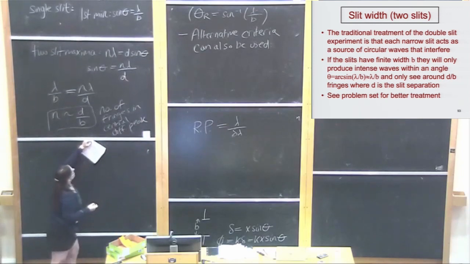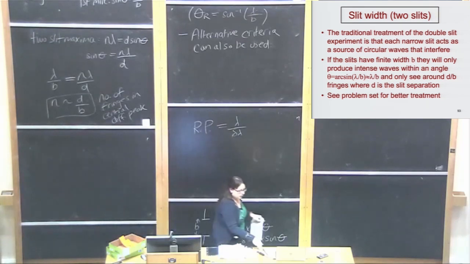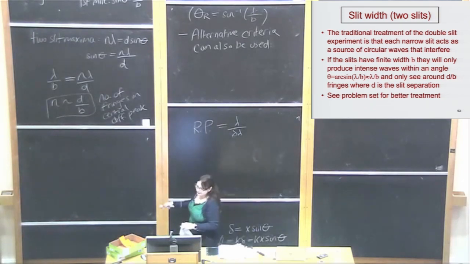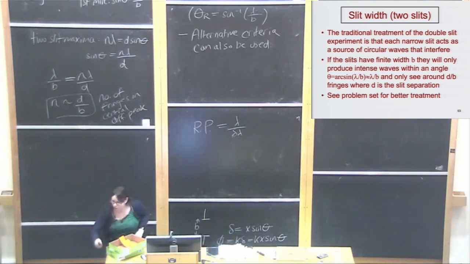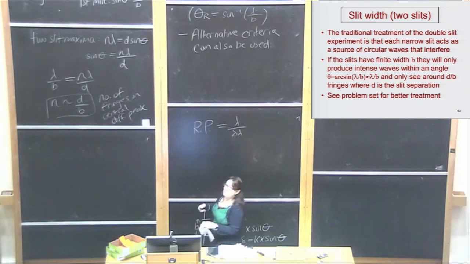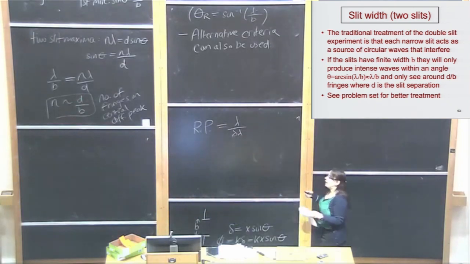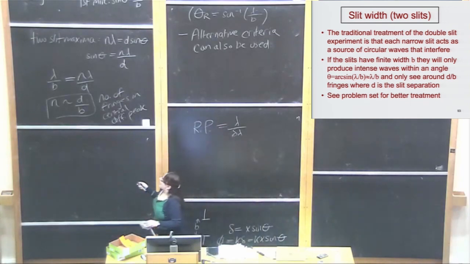Okay, so you can spot a few things from here. So first of all, this isn't a very exciting statement I'm about to make, but you're not going to see any fringes at all if d is less than b. Well, that makes sense, right? That would be a slit separation less than the slit width. Clearly, that's not working.